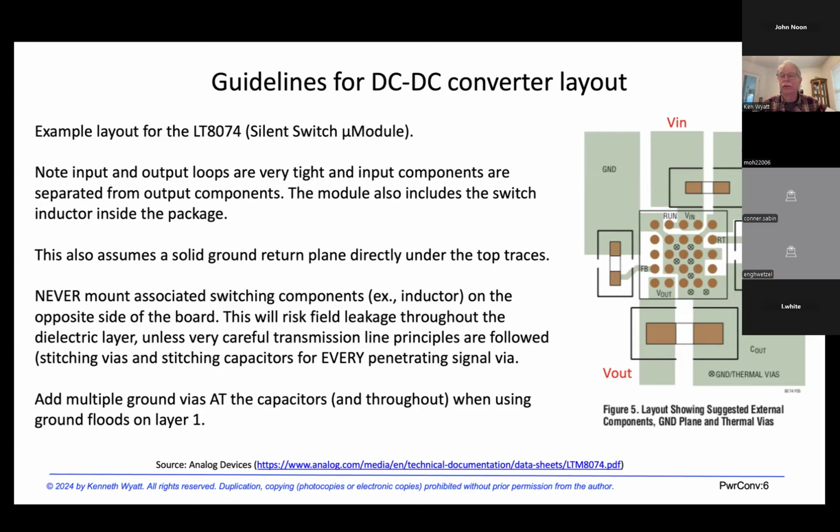This layout that is in the data sheet for this component assumes an adjacent solid return plane underneath, although it's not shown. And I have a note here: never mount associated switching components, for example the inductor, on the opposite side of the board from the main circuitry. That's important so that we avoid fast edge switching currents going from the top to the bottom of the board repeatedly.